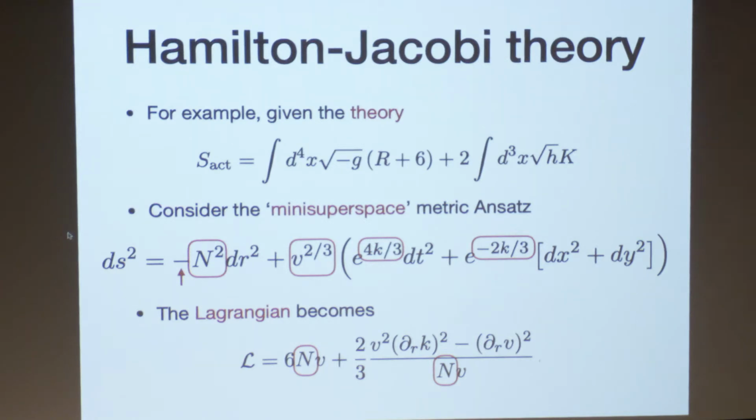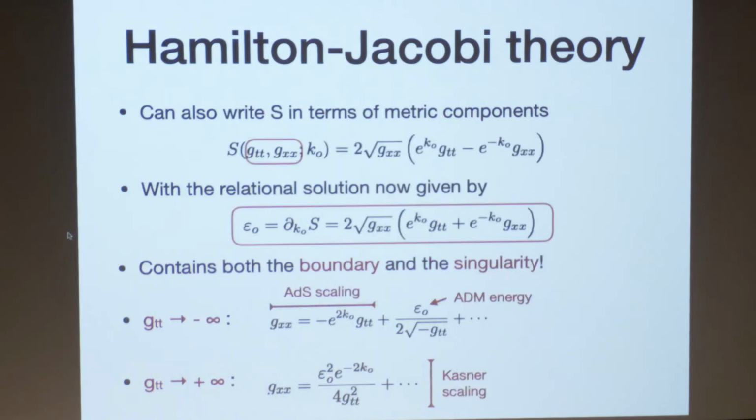So we can just write the same function in terms of those coordinates. This is not yet the solution. You get the solution by differentiating with respect to K0, and you call that epsilon 0. This is the same as before, but now this is the relational solution that gives you GXX given GTT.